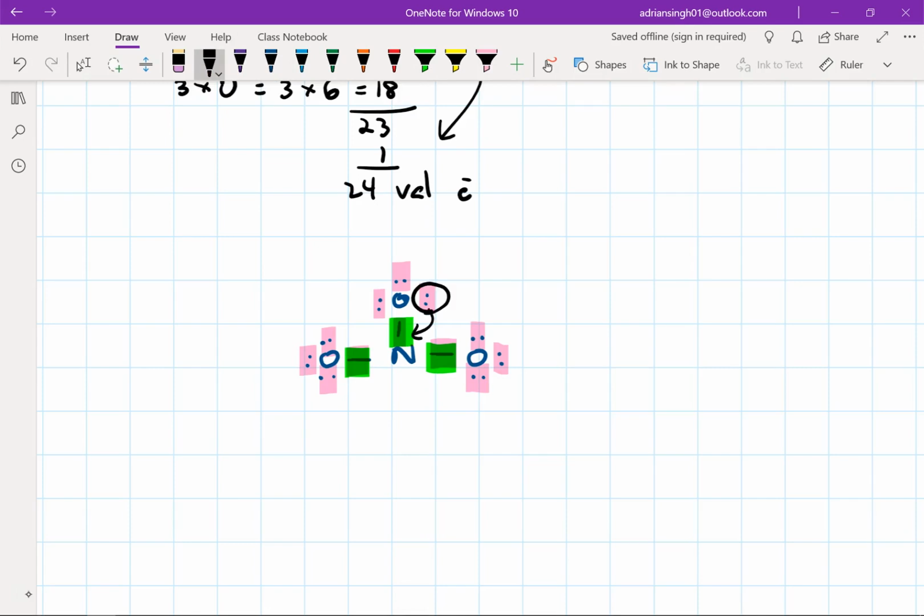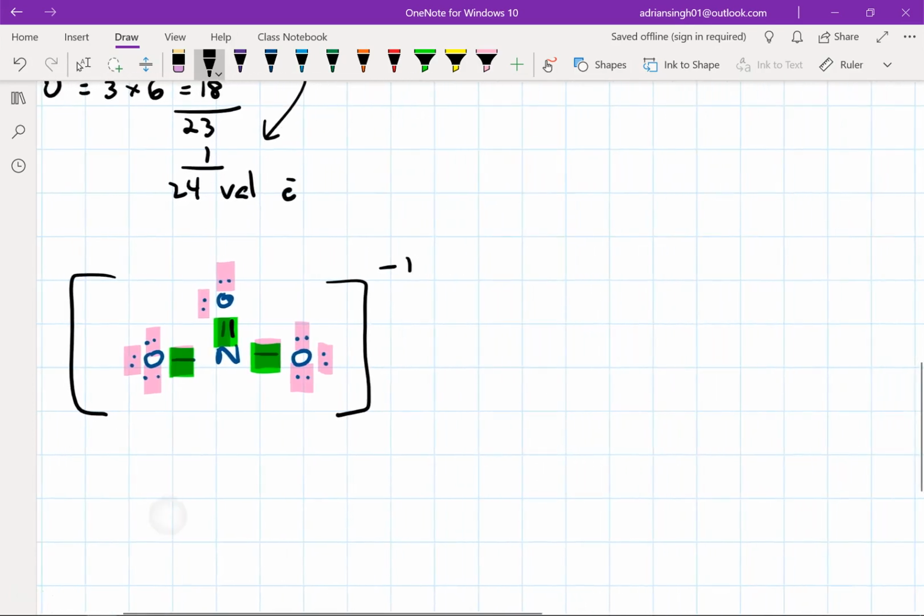So I end up now with a double bond between that oxygen on top and the nitrogen. So now the N has a total of 2, 4, 6, 8 electrons. So it's happy. The oxygens are already happy. We have our 24 valence electrons. This was an ion, so we put it in square brackets with our -1 charge. So that would be an acceptable Lewis structure for the nitrate.